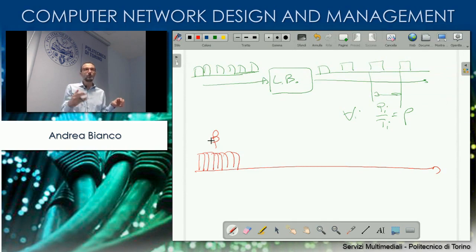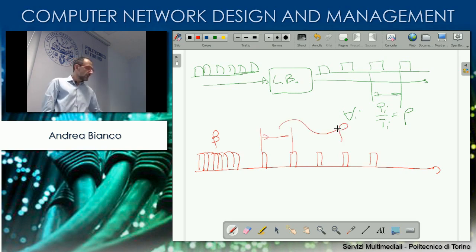And the token from now on is going to be generated at a rate which is rho, correct? So what's going to happen if you have a huge amount of packets already available there is that you will generate from now on in such a way that this rate is related to rho, the token generation rate. Okay? So that's one possible behavior.